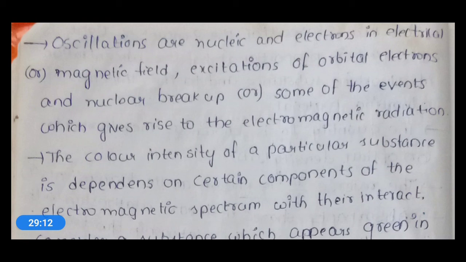Oscillations of nuclei and electrons in electric or magnetic fields, excitations of orbital electrons and nuclear breakup are some of the events which give rise to electromagnetic radiation. These radiations are produced by events of molecular, atomic or nuclear interactions.